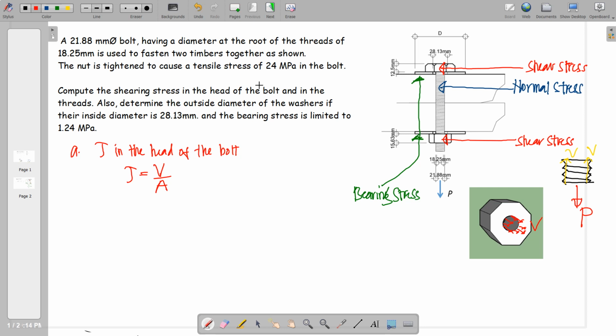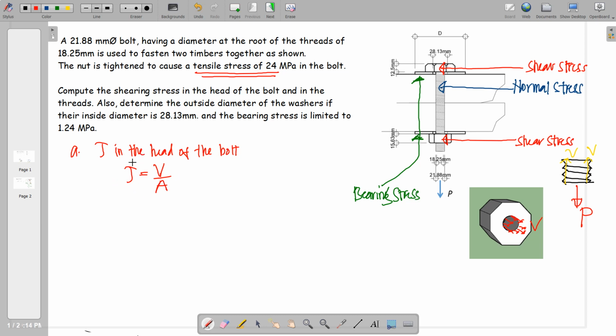And that force can be derived from the given tensile stress on the bolt. Okay, tensile stress is actually a simple stress or normal stress in the bolt. Now, since we know this, we can determine the value of P, wherein P is also the shear force in the head of the bolt.